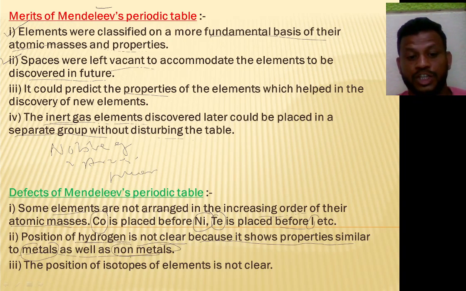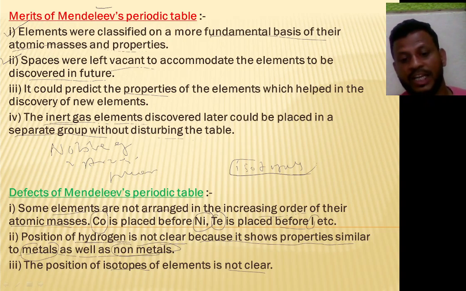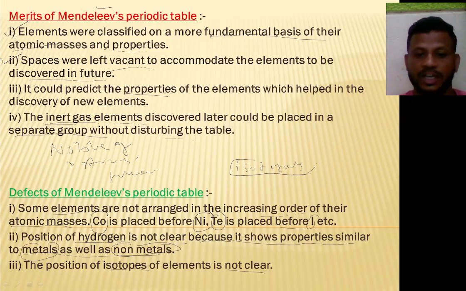And the position of the isotopes of elements is not clear. Isotopes, right? Isotopes don't have a clear place or position in Mendeleev's periodic table.